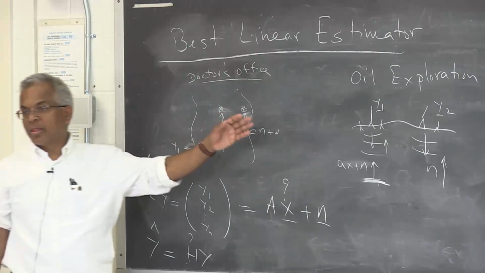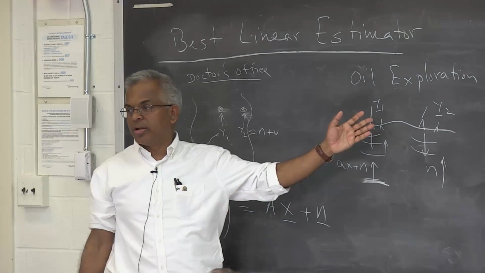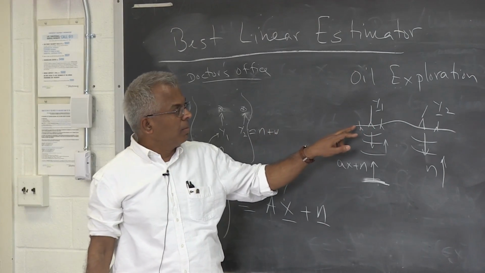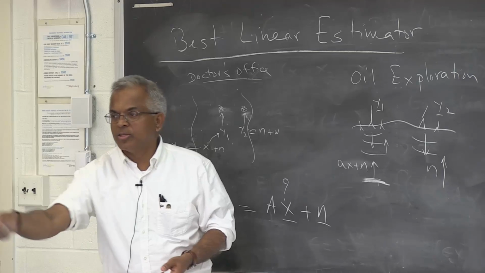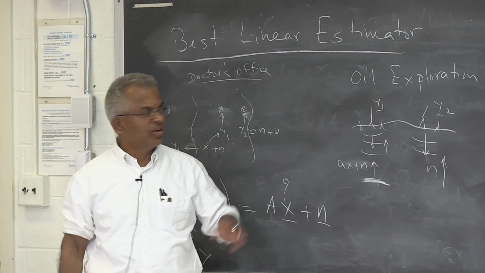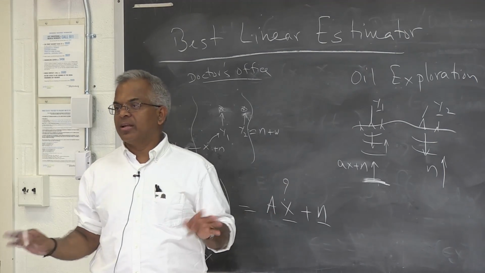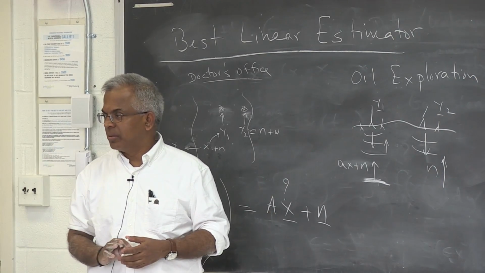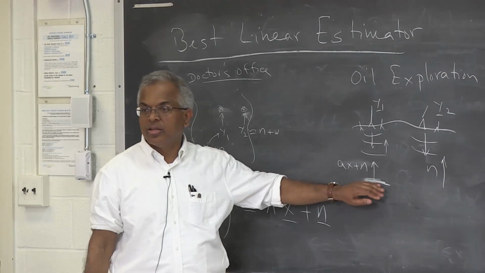Now let me give you another motivational case. In oil exploration or wherever, you have all these people in Texas who go around with a stick or something, right? That's one way. The other one is, once, for whatever reason, you analyze some geological samples and you have a hunch that there is oil here.